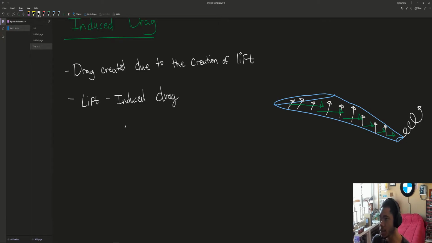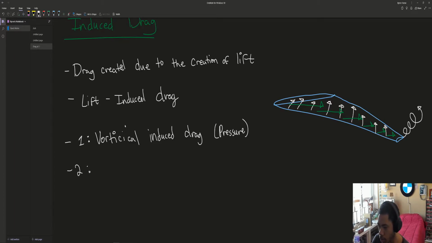And what happens is, we get two kinds of induced drags here. The first type is vortex induced drag. I think I spelled that right. This is a pressure drag.